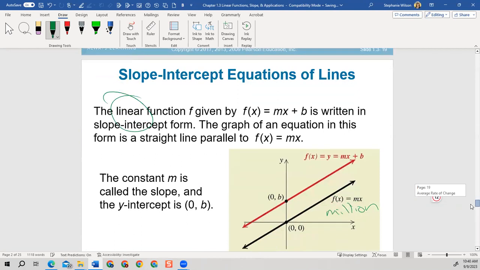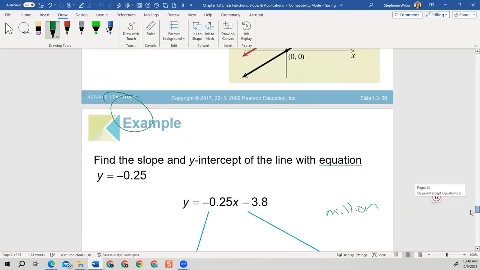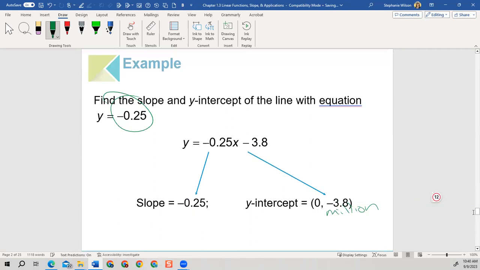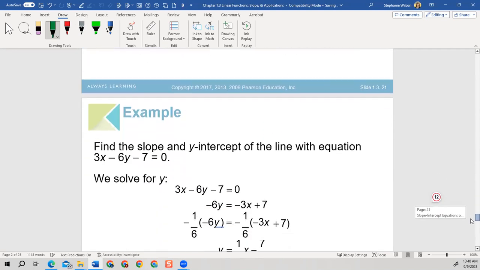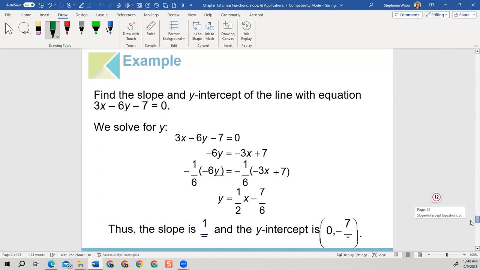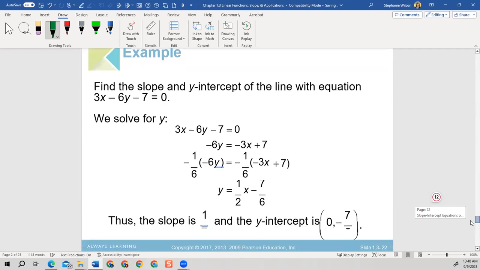So then they said we can plot it on the graph. We talked about that. We have this here, just putting it in y-intercept form. So slope, y-intercepts. Oh, okay. So now they said, let's take this equation of 3x minus 6y minus 7 is equal to 0.